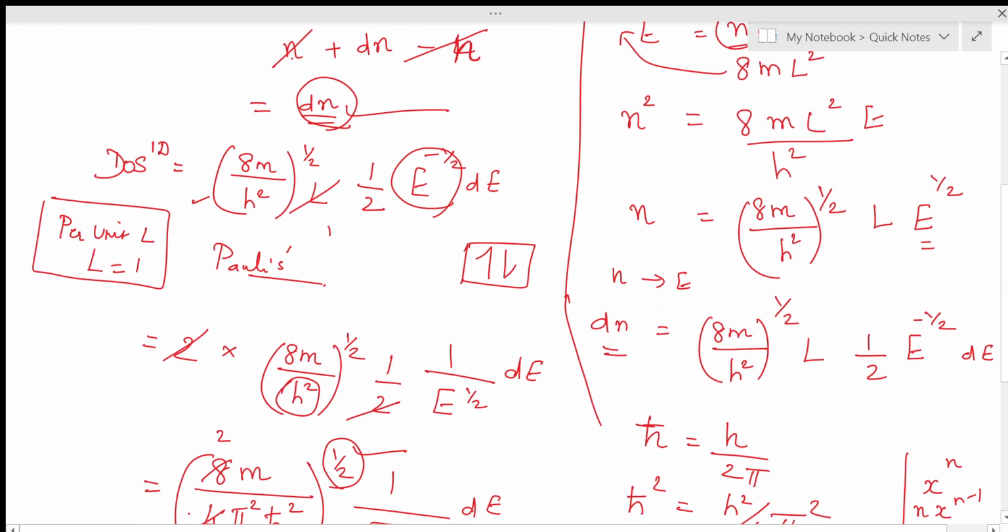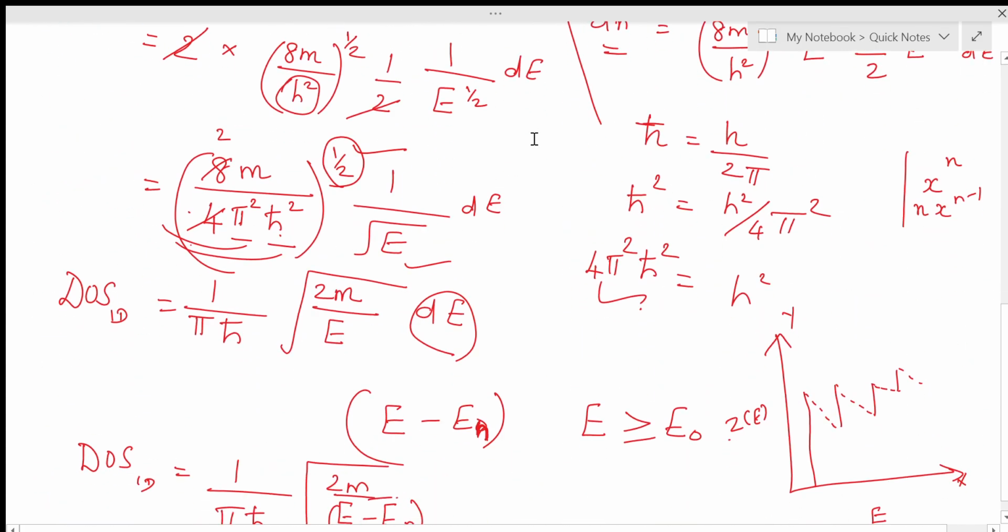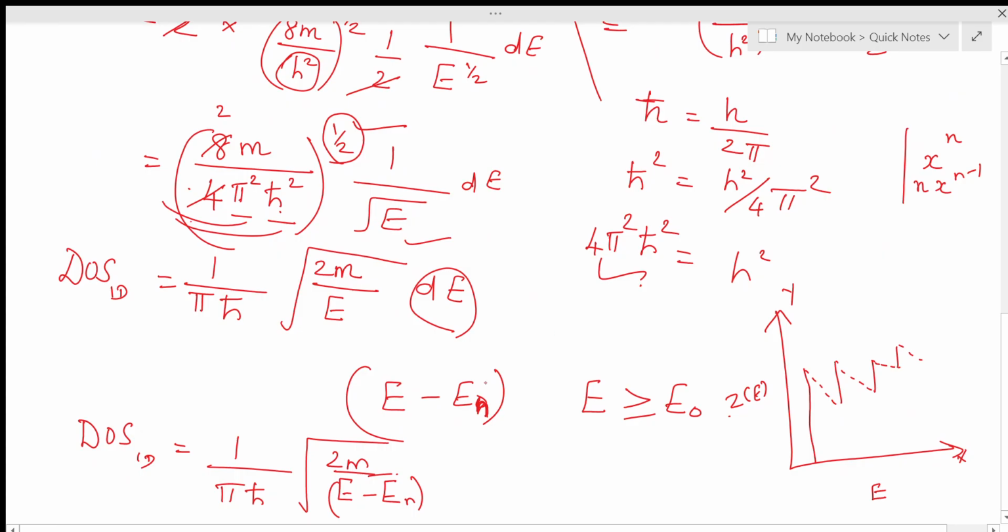That is what is explained as a quasi-continuum. A quasi-continuum is a system that behaves as a continuum in most aspects, but not in all. So this is the density of energy states of a one-dimensional structure.